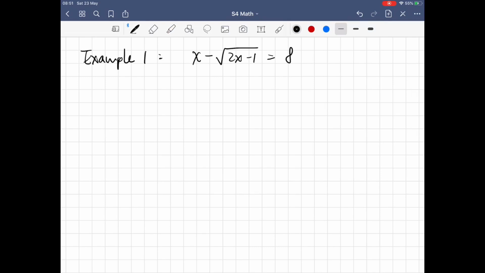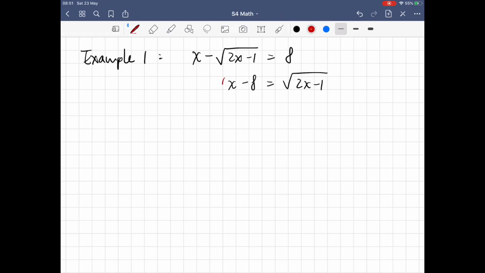Then let's take a look at some examples. In example 1, we have x minus the square root of 2x minus 1 equals 8. According to our skill, we put the term with the square root on one side, while putting all the other things on the other side.